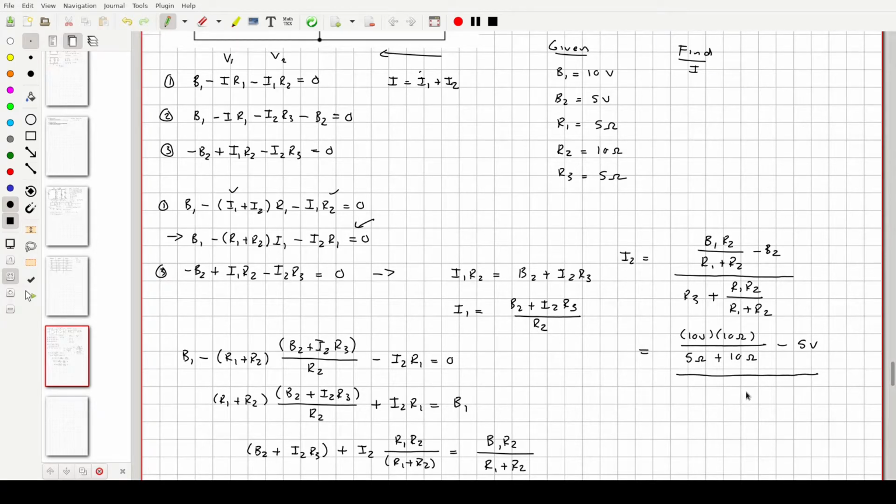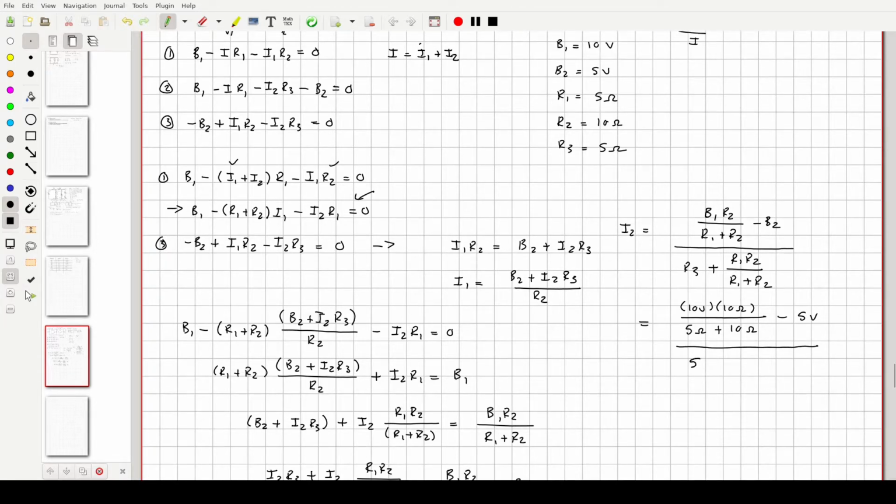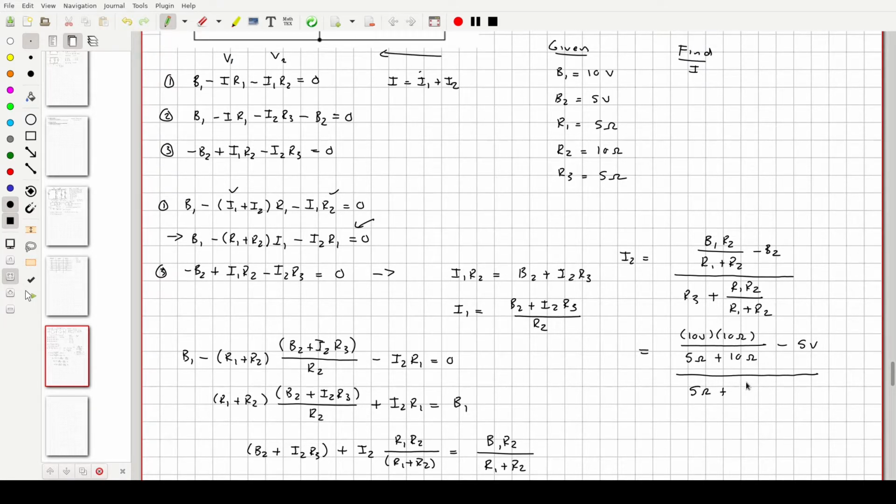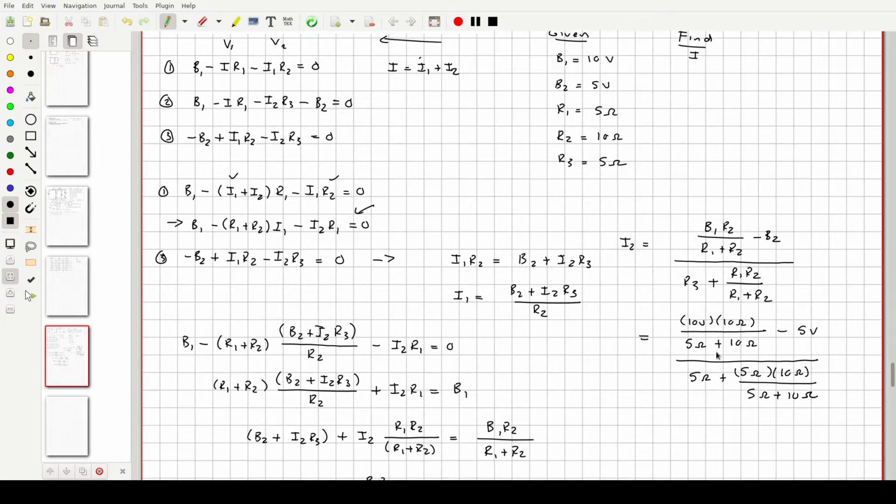Divided by R3. R3 is 5 ohms. R1 and R2, 5 ohms times 10 ohms, over R1 plus R2. That's it. That's all the junk.